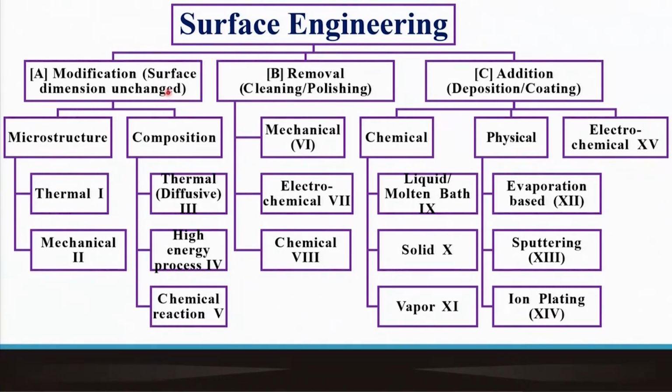One is when you don't change the dimension, but you do something to the bulk, or more precisely to the surface, in terms of changing microstructure or composition, so that you improve the life of the component. In order to do that, you can apply thermal activation, mechanical activation, or chemical activation, and so on and so forth. Another very often practiced and known approach is removal of material.